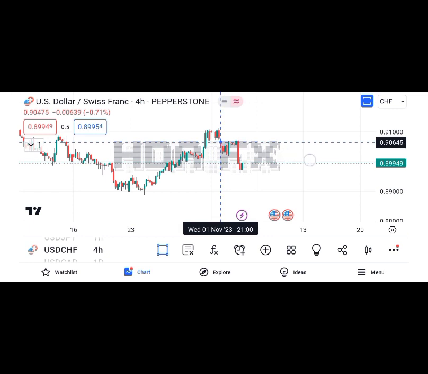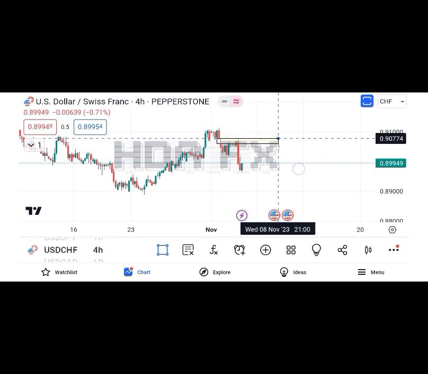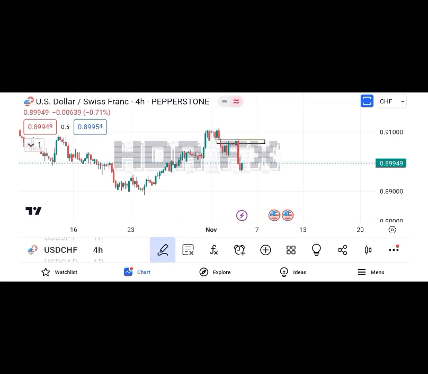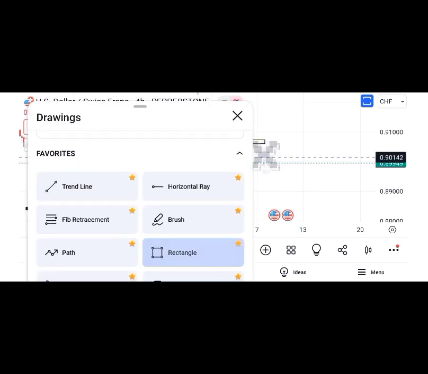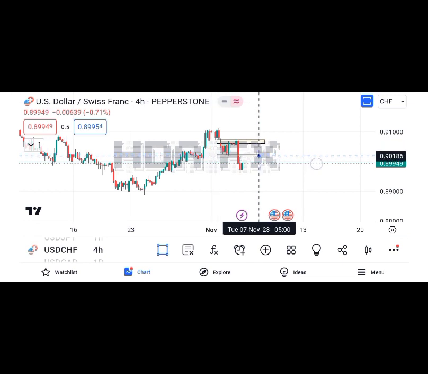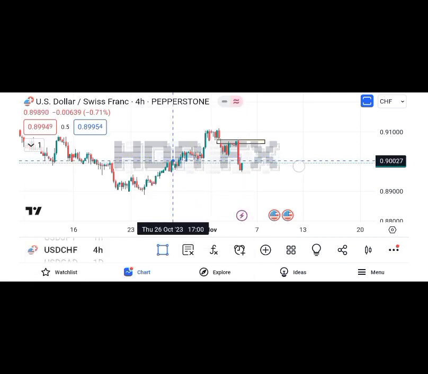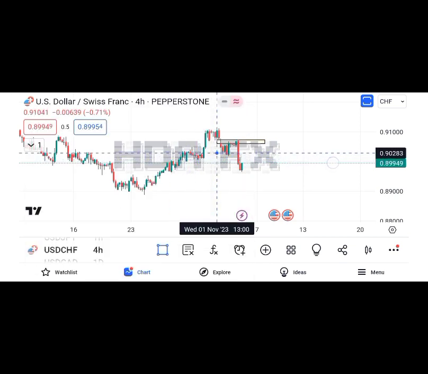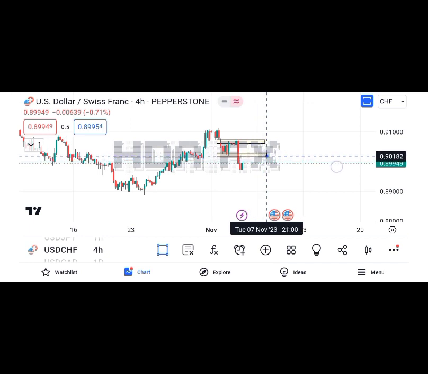We have this zone of interest here. Sorry, let me adjust it again. We have this zone here, and we also have another zone here, and another zone here.